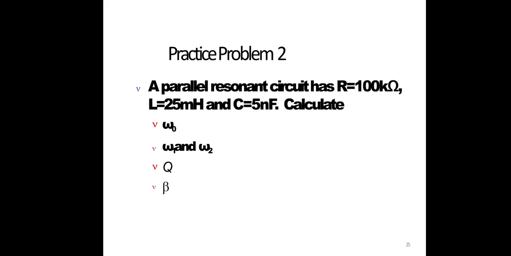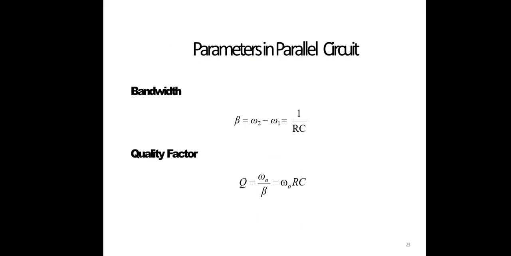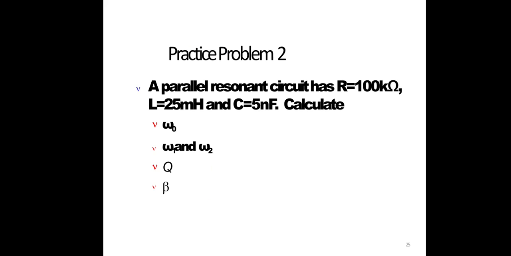You found omega naught and Q, and now you will get the bandwidth. The bandwidth is equivalent directly to 1 by RC. Just observe this formula, beta is equal to 1 by RC. The values of R and C you will apply, that is 1 by 100 into 10 power 3 into 5 into 10 power minus 9.